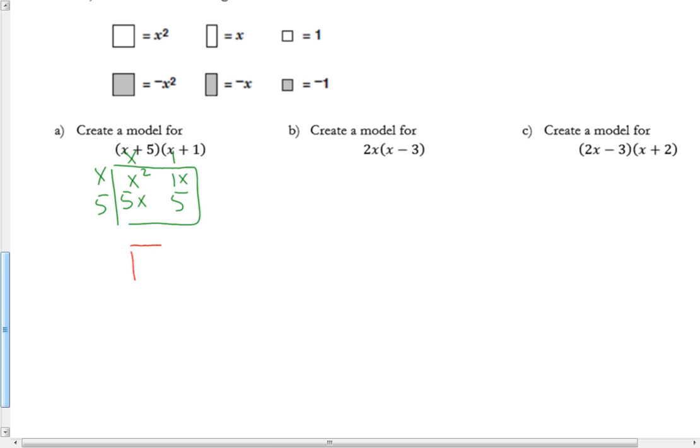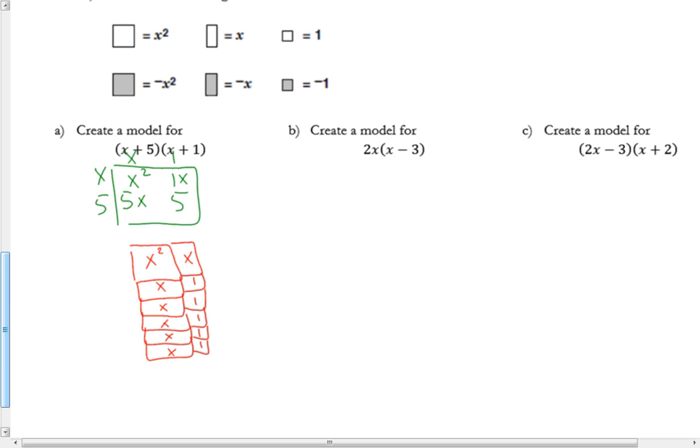So that's going to be one of the big boxes. We should have one x rectangle. We should have 5 more x rectangles down here. So 2, 3, 4, and 5. And then bottom right, we should have 5 ones. 2, 3, 4, 5. So x squared, here's our 1x, 1, 2, 3, 4, 5 more x's, and then 1, 2, 3, 4, and 5.